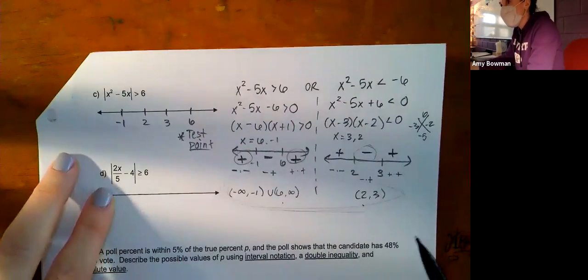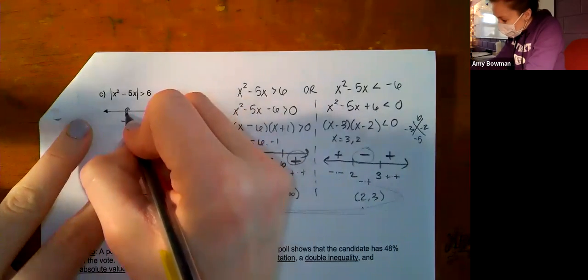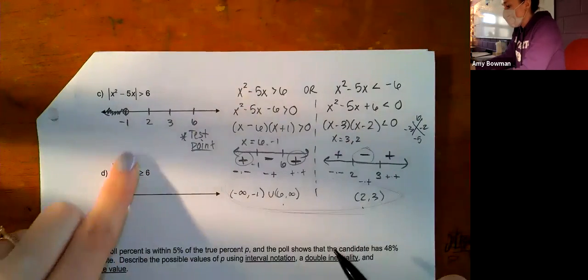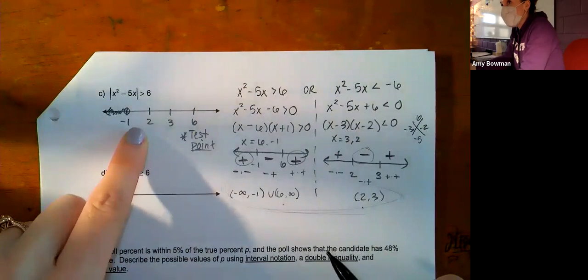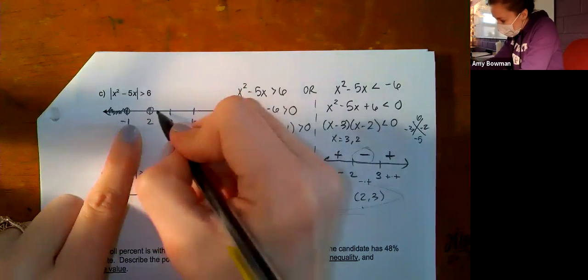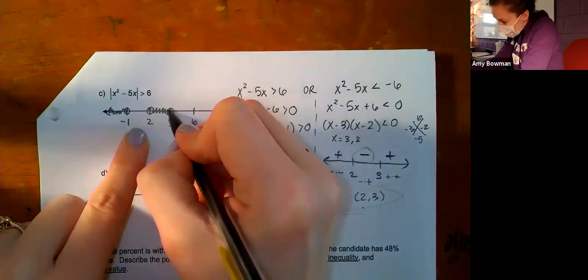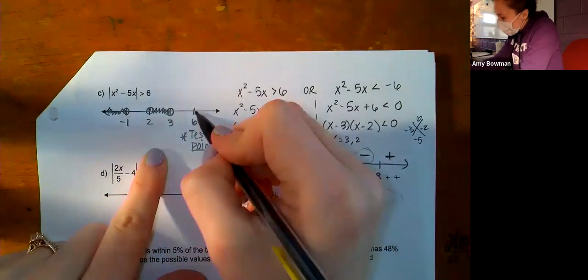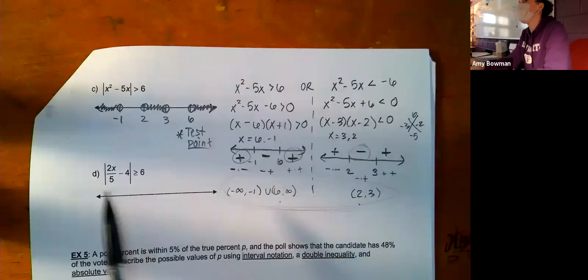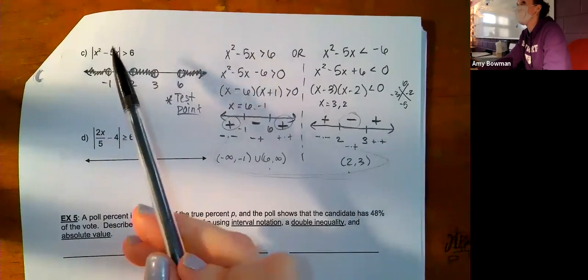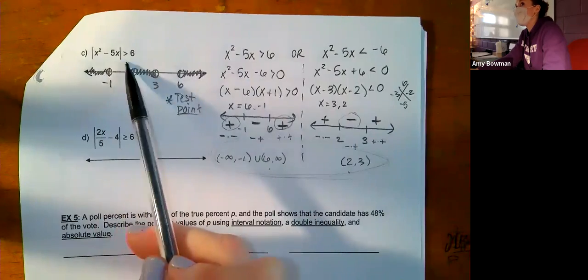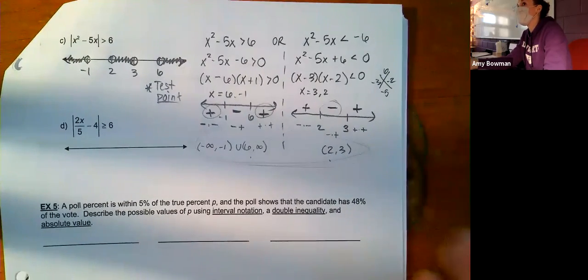And so the solution was everything less than -1, open circles, nothing between -1 and 2, between 2 and 3, and then everything after 6. So that visually represents all the possible values of x that I could plug in here, and that absolute value would be greater than 6.